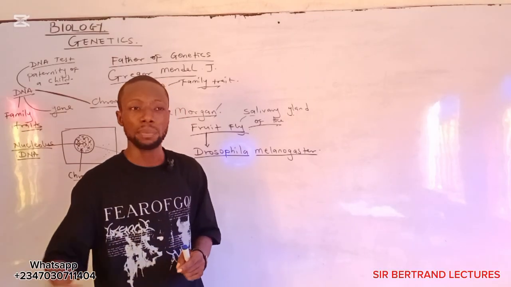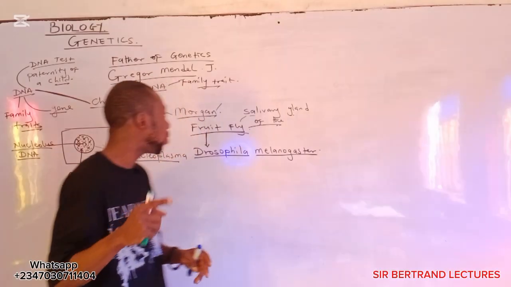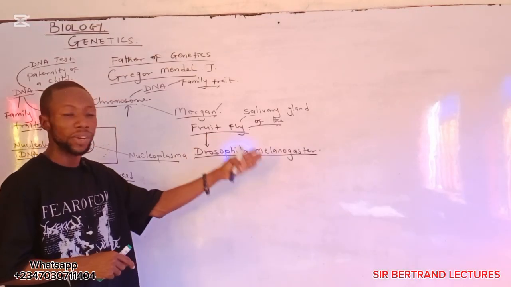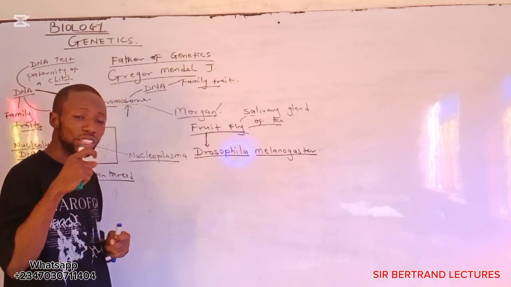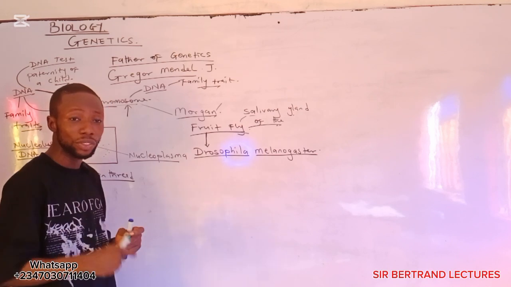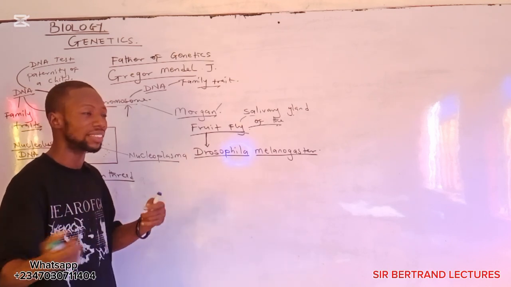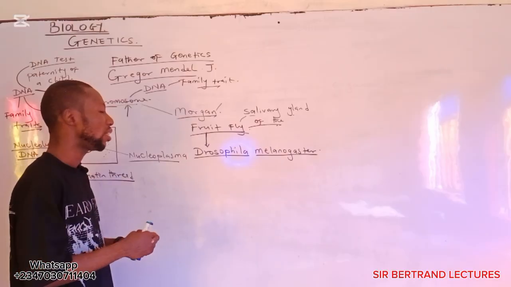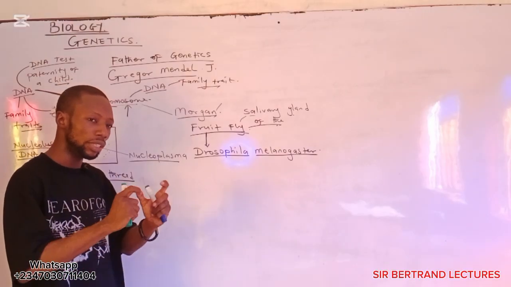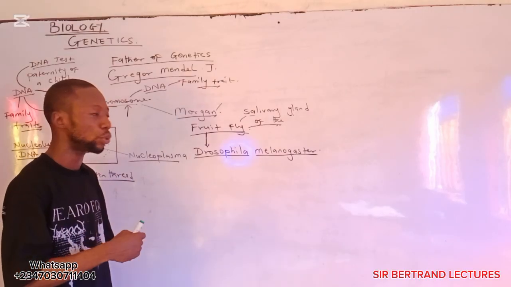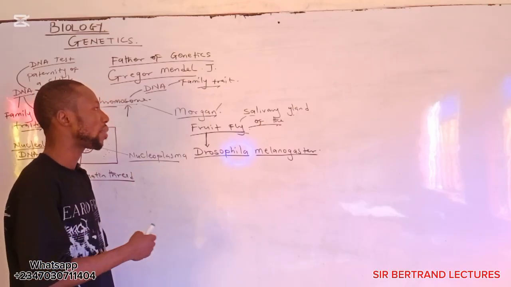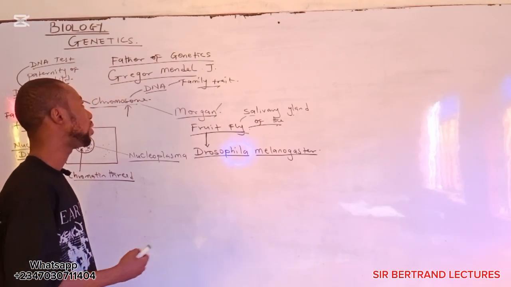Then we have Homo sapiens, man, right? Now listen, the reason why Morgan used the salivary gland of the fruit fly to discover the chromosome is that the chromosome of the salivary gland of the fruit fly is very large in size, right? It's larger than the chromosome of man. And that enables him to view the structure, the components of the chromosome. Okay? That is why Morgan used the fruit fly in his experiment.